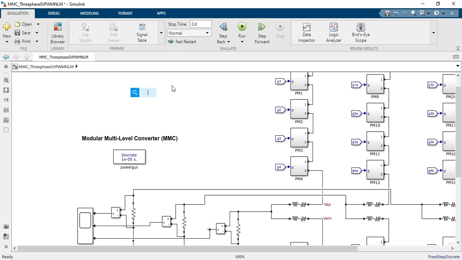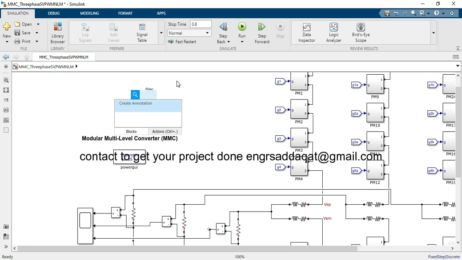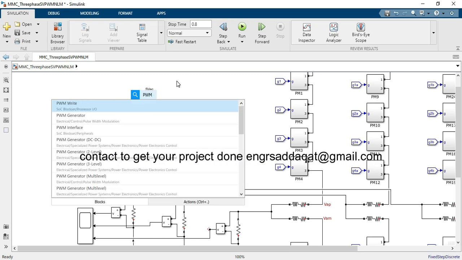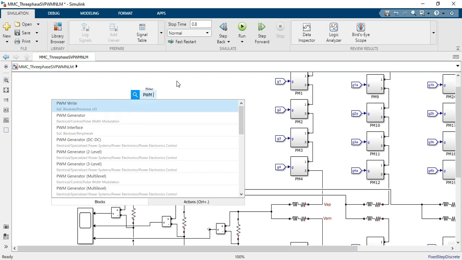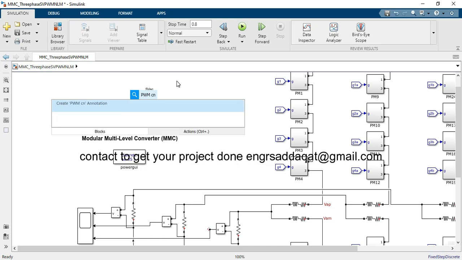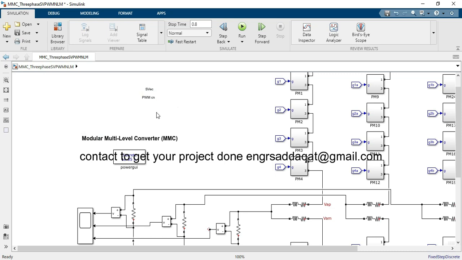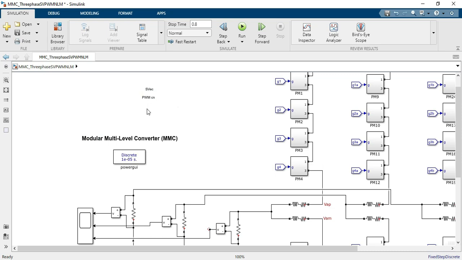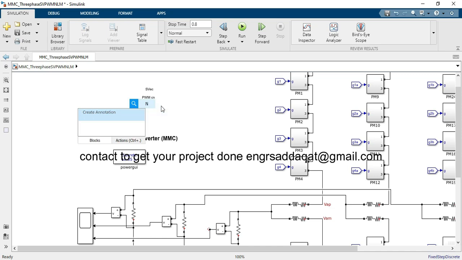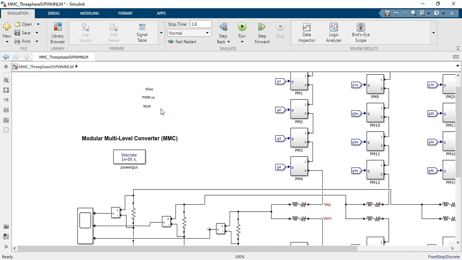The second one is the very well known PWM technique, PWM control. And the third one is the well known technique known as nearest level modulation.